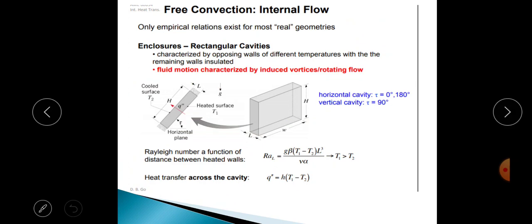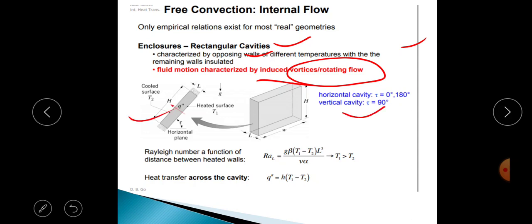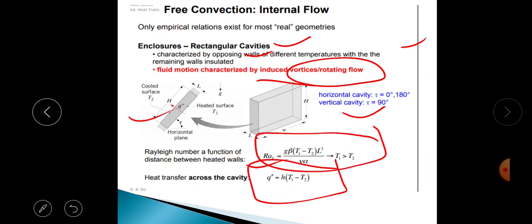Like enclosures, rectangular cavities characterized by opposing walls at different temperatures with the remaining walls insulated. Fluid motion is characterized by induced vortices or rotating flow. Here you can see. So in this, the Rayleigh number is a function of the distance between heated walls, and heat transfer across the cavity is this.